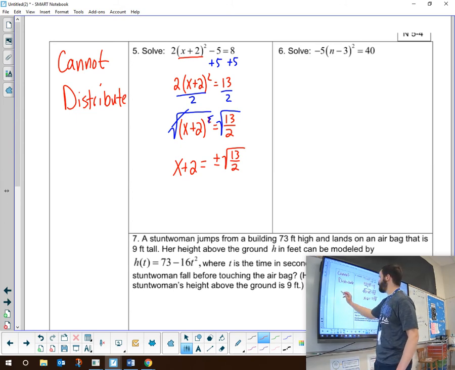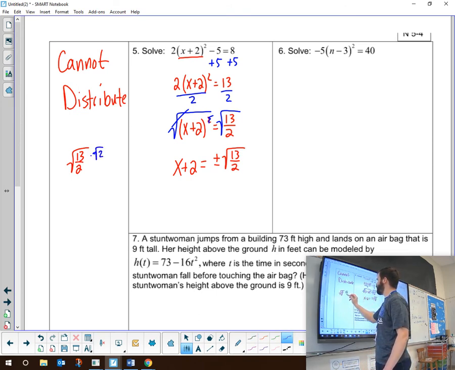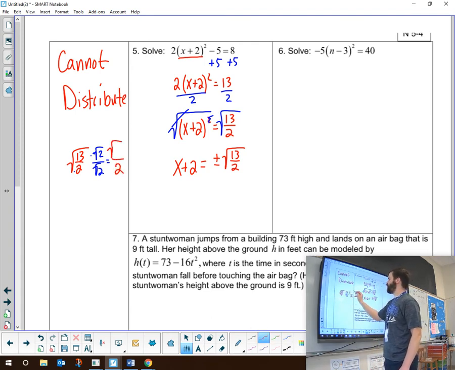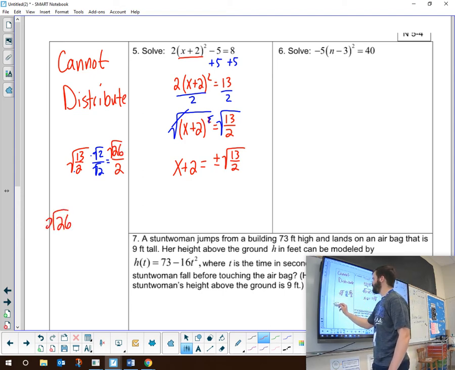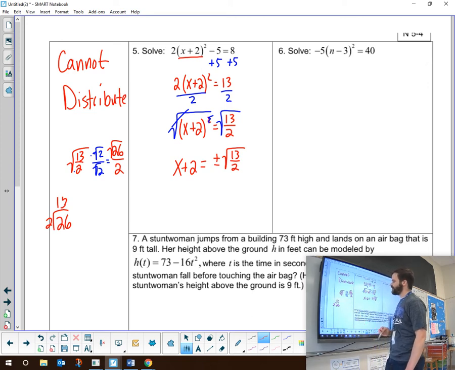I'm going to take that square root of 13 over 2 over to the side, and I'm going to multiply it by the square root of 2 on the top and the bottom. So the square root of 2 times square root of 2 equals 2. The square root of 13 times the square root of 2 is the square root of 26. Then we'll check and see if 26 can factor. It cannot. It's just 2 and 13. So that's just going to be what we replace this with.